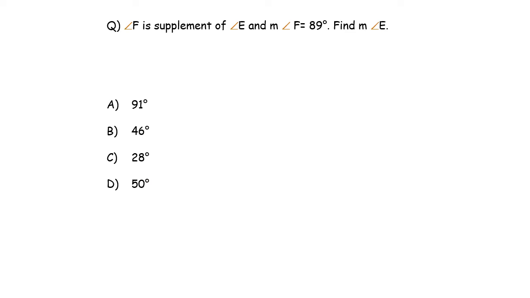Now there is one more question. It says angle F is the supplement of angle E, and the measurement of angle F is 89. Find angle E. So here they have not given a diagram; they have given in words that they are supplementary. What does it mean? Angle F plus angle E is 180 because they are supplementary angles of each other, right? So you can start the question like this. Now angle F is 89 degrees and angle E is unknown.